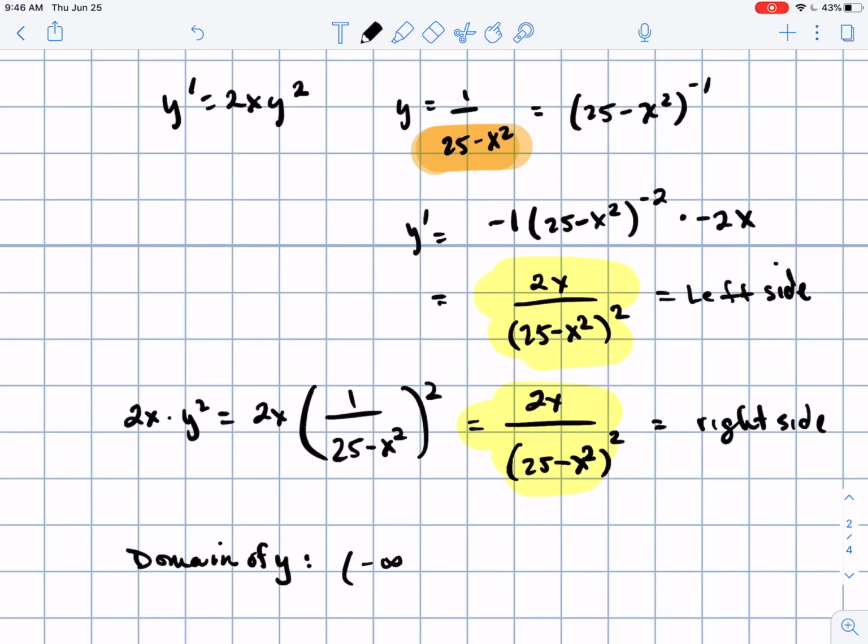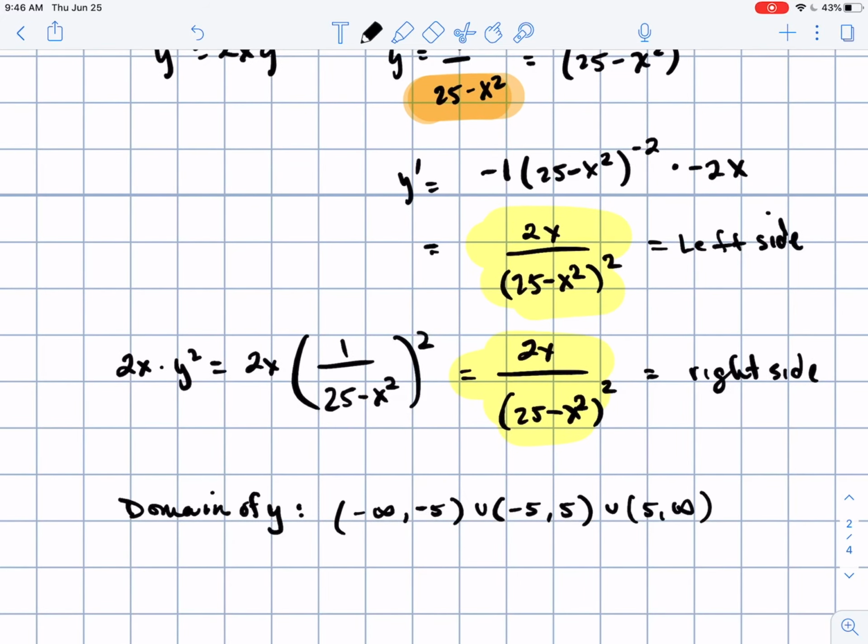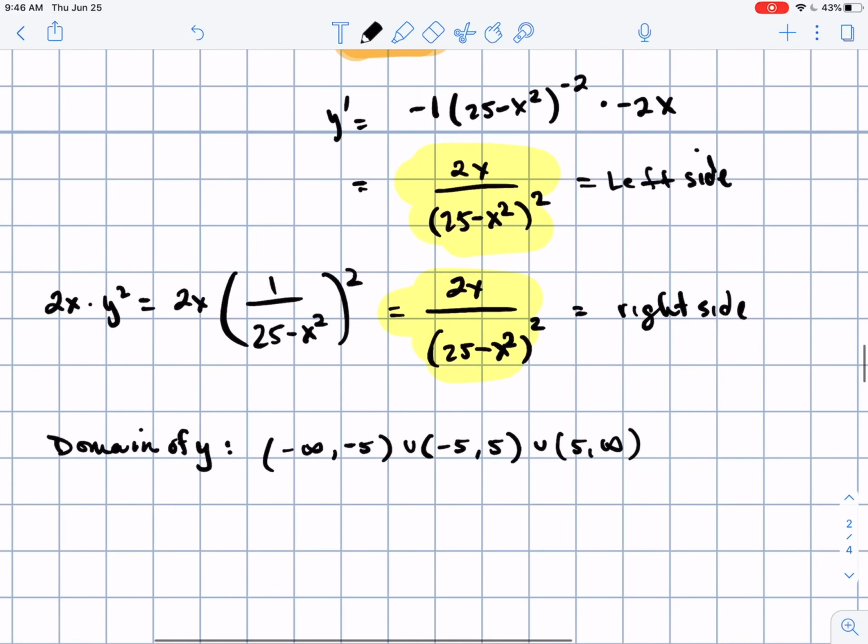So you would have it written in set notation, -infinity to -5, and then -5 to 5, and then 5 to infinity. And just remember, you're using parentheses here. We don't want to include 5 or -5, okay?